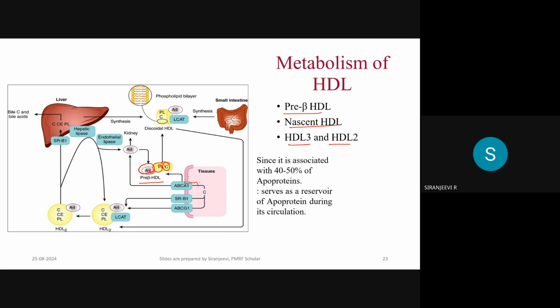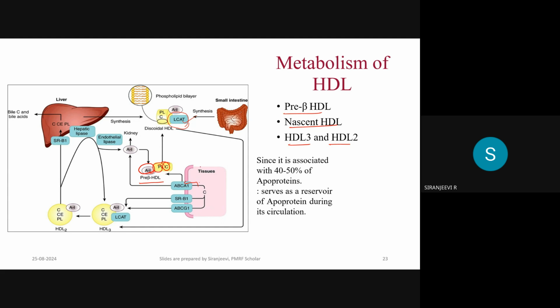It's an ATP binding cassette protein A1, which can transfer the cholesterol from the tissues to the pre-beta HDL. When the pre-beta HDL takes up more cholesterol, it forms the discoidal HDL. It has the phospholipid as well as the cholesterol, and that can be acted on by LCAT. We'll come back to this LCAT and how it happens.